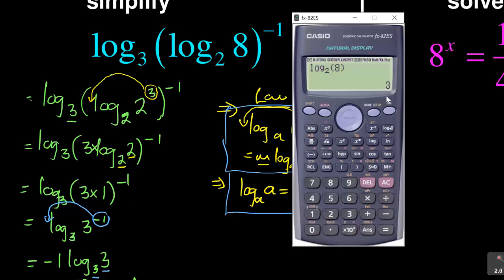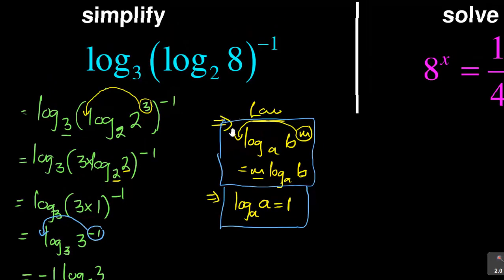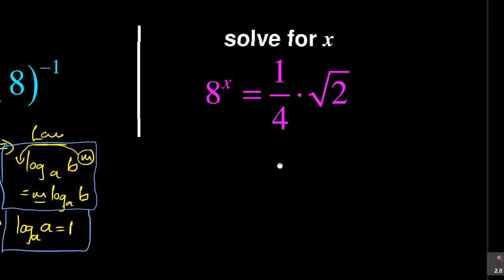Now if I say bracket 3 to the power -1 equal to, I'm getting 1 over 3. With that 1 over 3, I'm going to say log base 3 of my answer, which was 1 over 3, just to see what it gives me. It gives me a -1. You see now, it actually gives me a -1. So sometimes the way the calculator is used, it can look as if the answer was wrong, but it was correct.